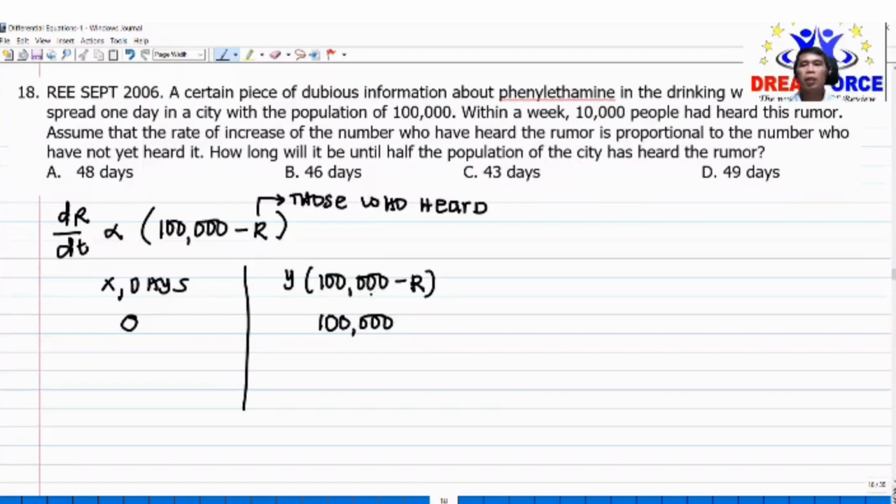When within a week, 10,000 people had heard this rumor. So 1 week, 7 days. 10,000 people had heard this rumor.